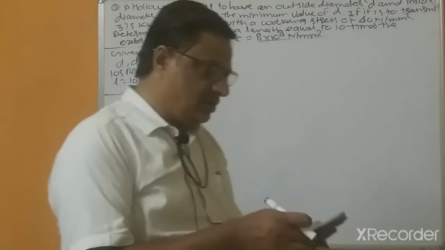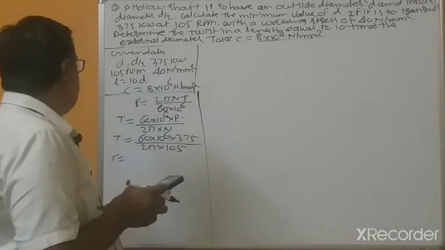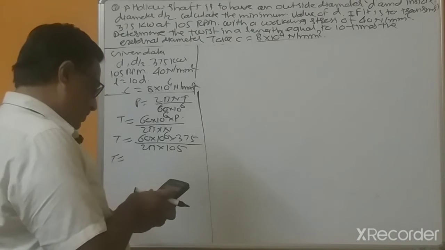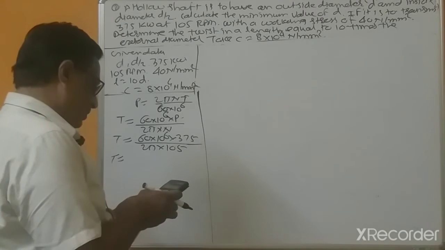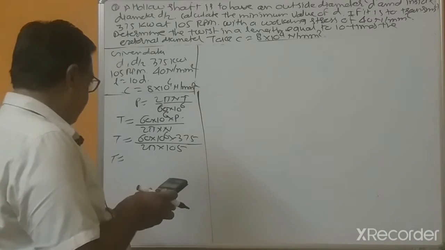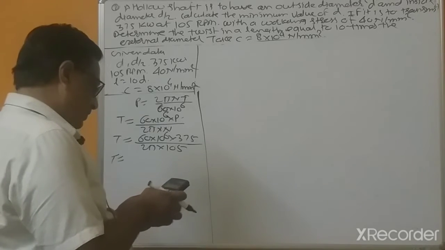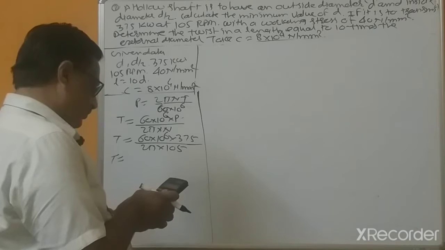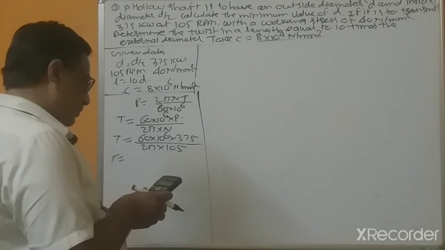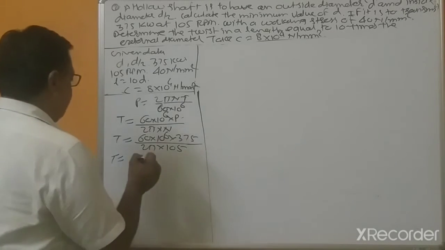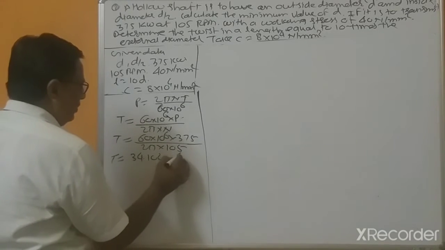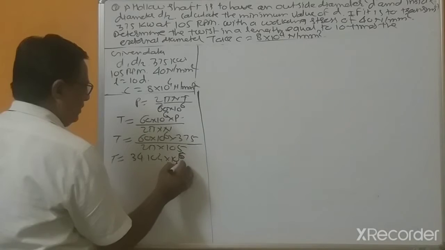So 60 into 10 to the power 6 multiplied by 375 divided by 2 divided by pi divided by 105 equals 34.104 into 10 to the power 6.